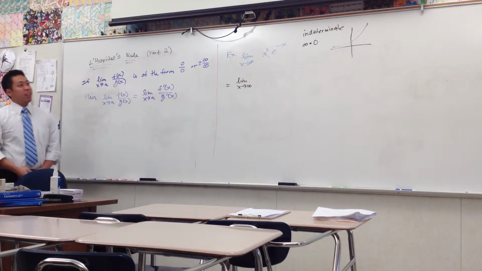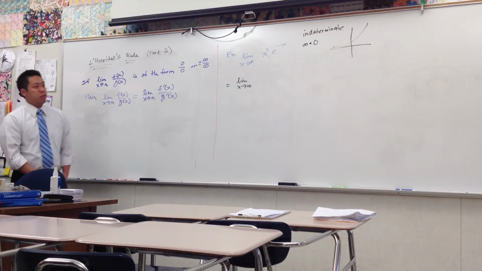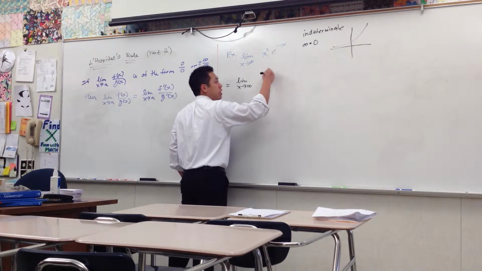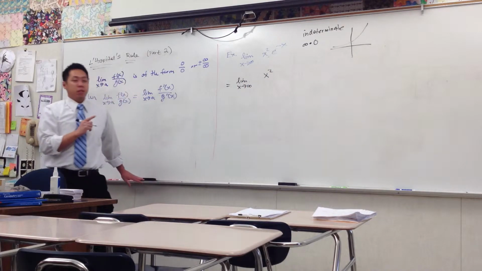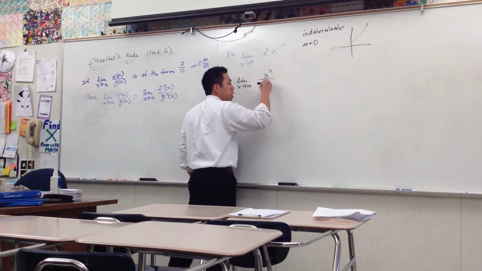I have to bring either e to the negative x or x squared down to the denominator. So I'm going to bring the e to the negative x down to the denominator. When I bring it down, what happens to the exponent? It becomes e to the positive x.